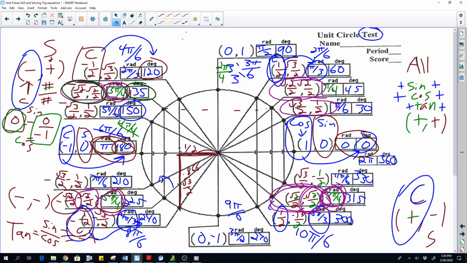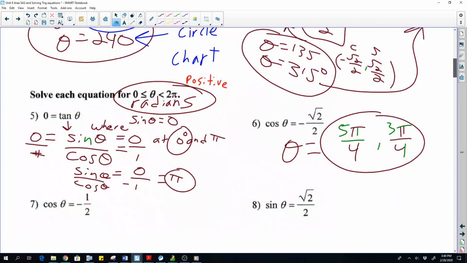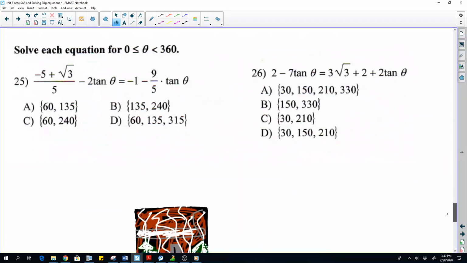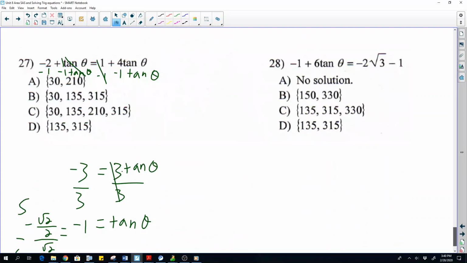And where's the other one? Is it down here? You know it is. We use this one so many times on this assignment. And so that's 315. So 315 and 135 is what we're looking for.